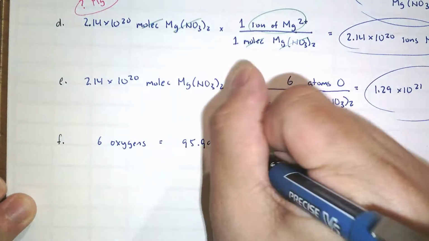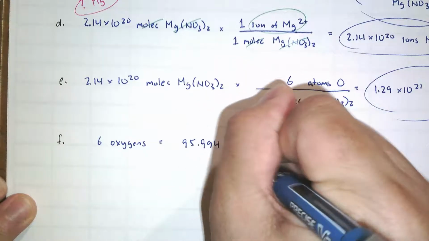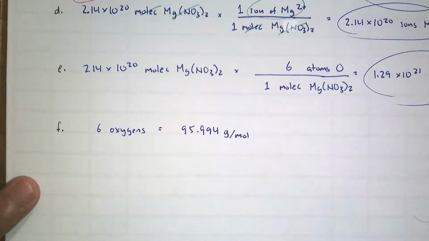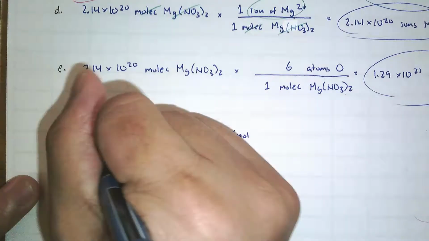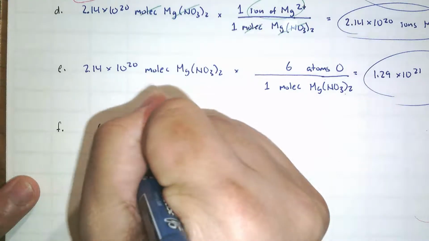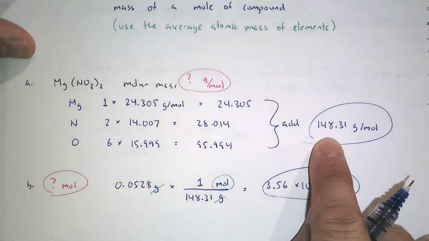And yes, I will use grams per mole. That is the molar mass of 6 oxygens. But the molar mass of the whole, which is MgNO3 we solved before for part A, that's 148.31.